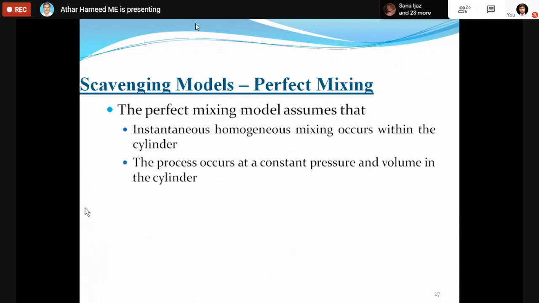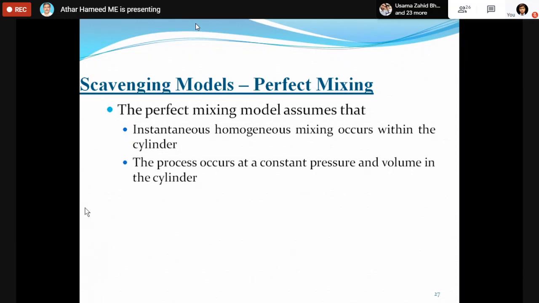The process occurs at constant pressure and volume in the cylinder. Whatever is being given is instantaneously mixed with the burnt gases present in the cylinder. So when these gases come out from the exhaust, they also carry the fresh charge mixed with them.